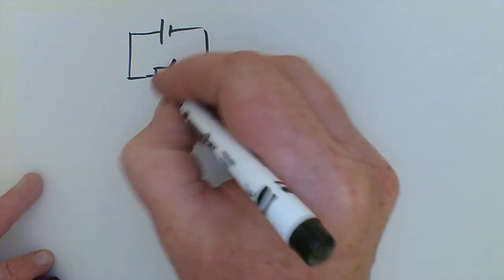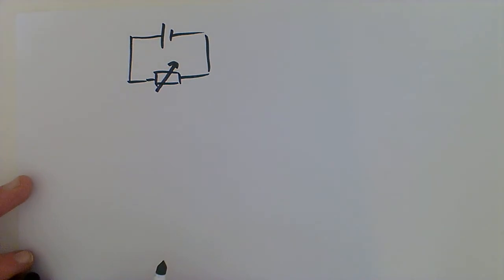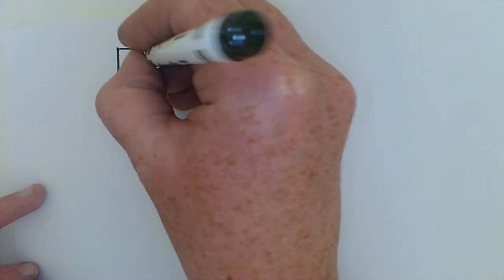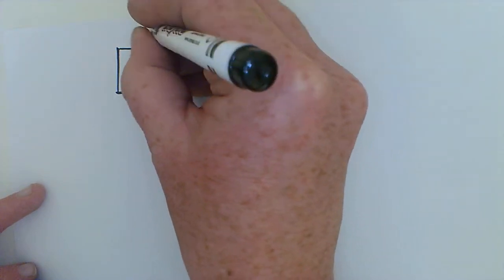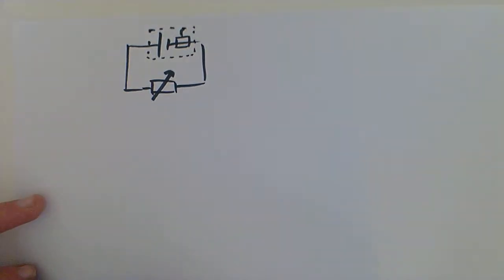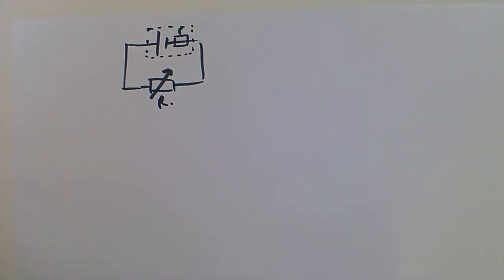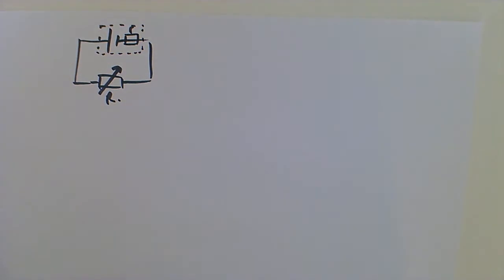So this time I'm going to use a variable resistor, and what I want to know is what is little r here. What's little r? This is big R. Okay, and we use that circuit, and this is your required practical, so we will do this again, so don't worry about it.